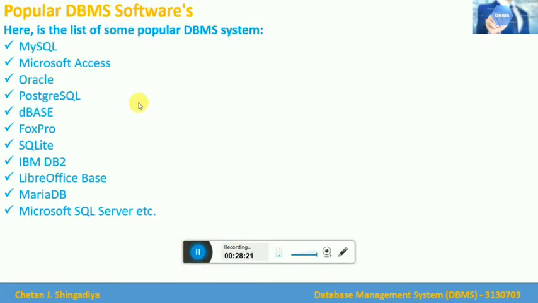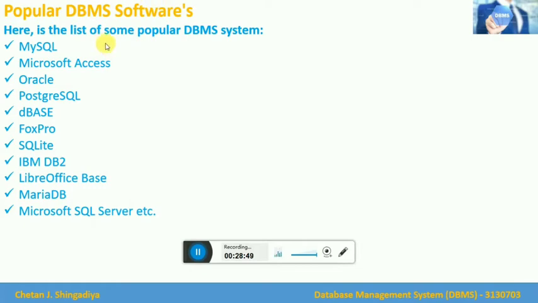Now let me show you the most popular DBMS software for practical purposes. Here is a list of some popular DBMS systems. Let's see them one by one. MySQL, Microsoft Access, Oracle, PostgreSQL, DBase, FoxPro, SQLite, IBM DB2, LibreOffice Base, MariaDB, Microsoft SQL Server, and many more.